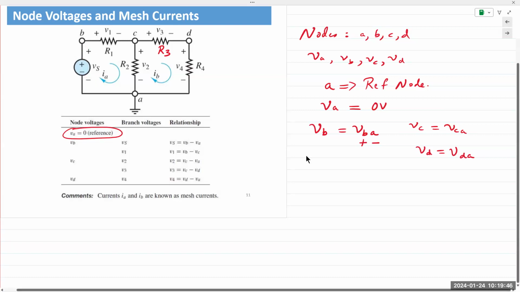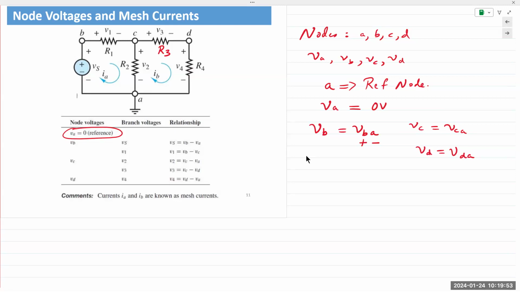Meaning, it is given to us that VB is at a higher potential than A. So I can write VS is VB minus VA. VA is equal to 0. So I can write my voltage at node B is simply equal to the supply voltage VS.